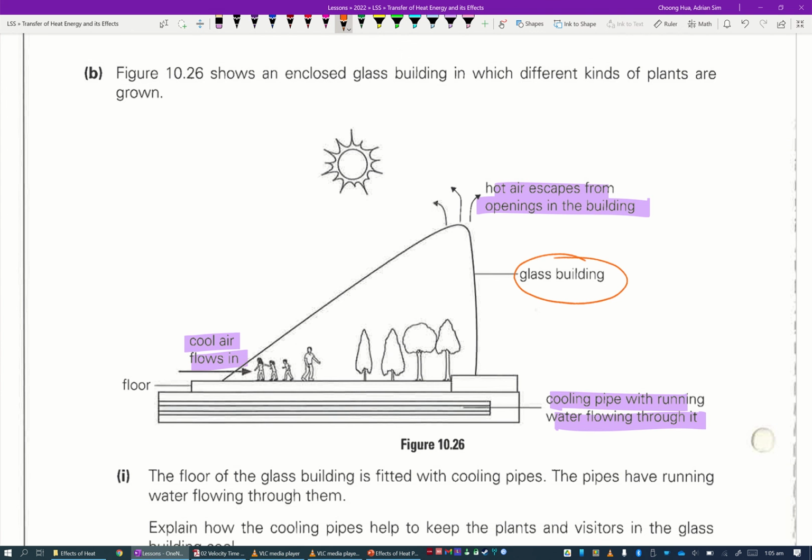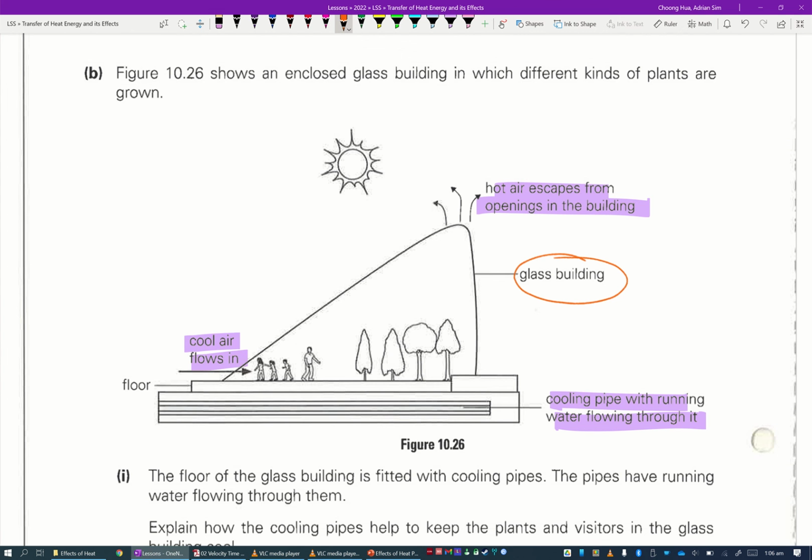The glass building merely lets sunlight through so that the plants can photosynthesize. So it doesn't really play a part in any cooling mechanism here, and quite a large number of you walked right into it. So this question requires you to think through a little longer, right?